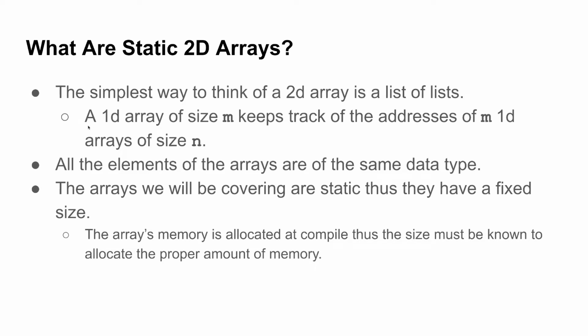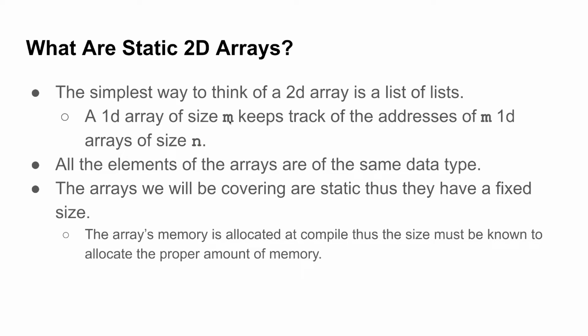Well, we have a one-dimensional array of size m, and this one-dimensional array of size m is going to keep track of the addresses of m one-dimensional arrays of size n. So we are going to have two dimensions to this array. It is going to be an m by n array.